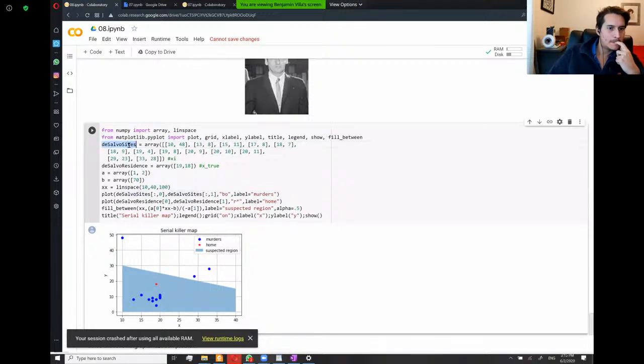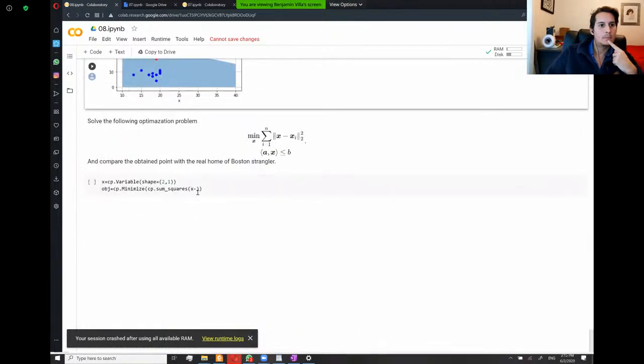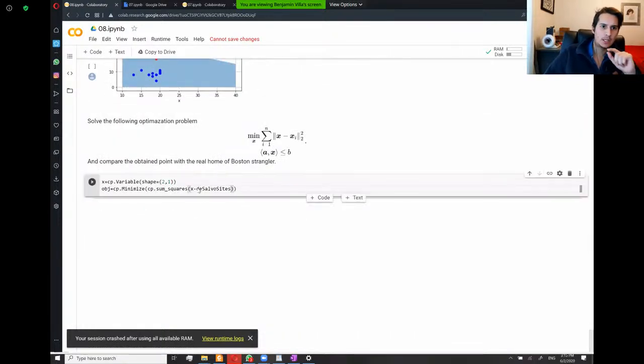Yeah, but first try to see the shape of the variable. Pero va haciendo uno por uno, ¿no? Yes, but the salvo sites could be of size n, 2 instead of 2, n, so that would not make sense.